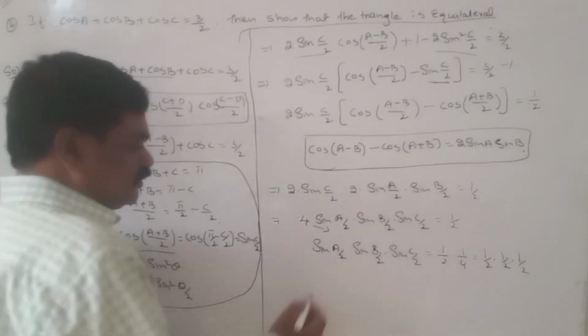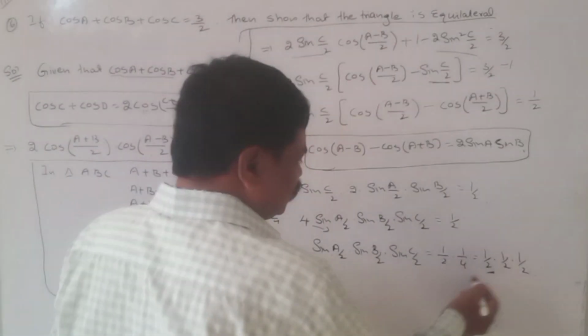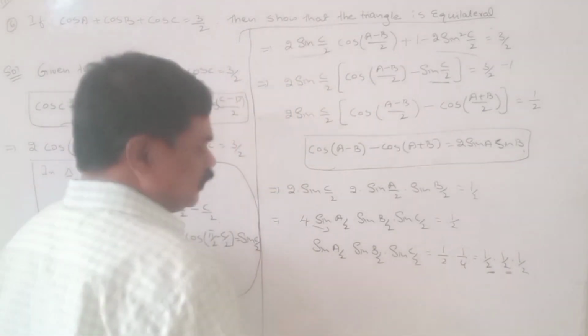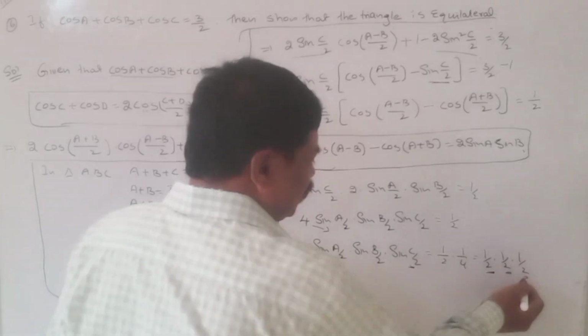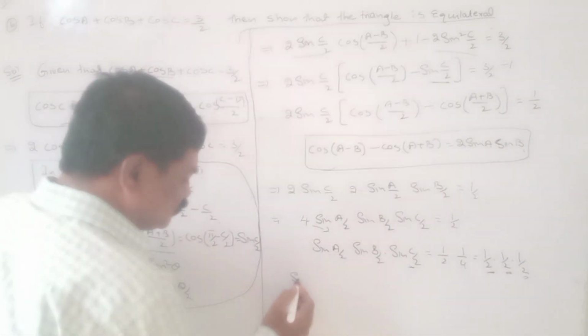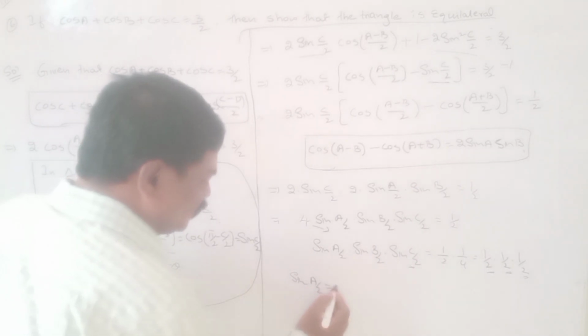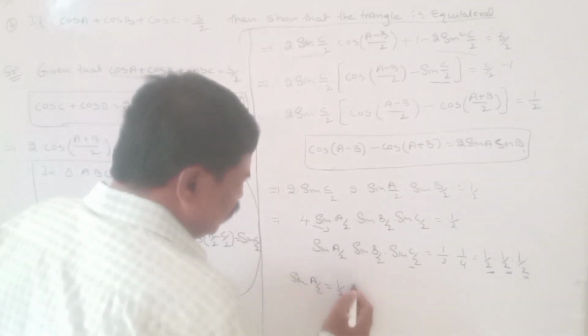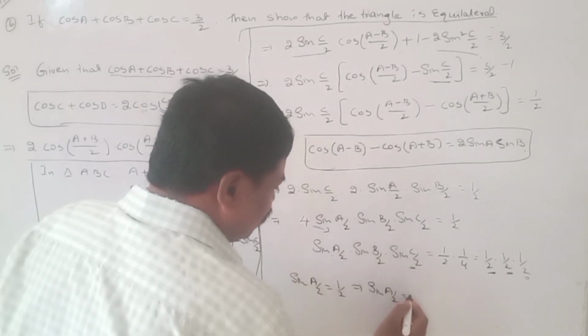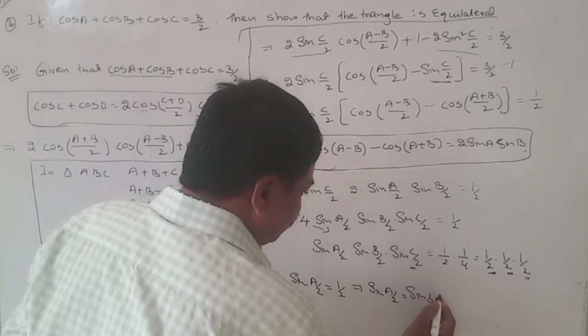This means sin A by 2 is equal to 1 by 2, sin B by 2 is equal to 1 by 2, and sin C by 2 is equal to 1 by 2. So sin A by 2 is equal to 1 by 2, which is sin 30 degrees.